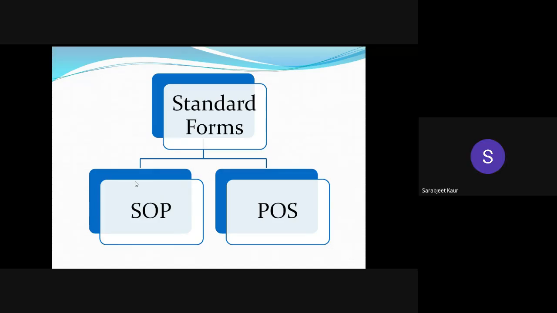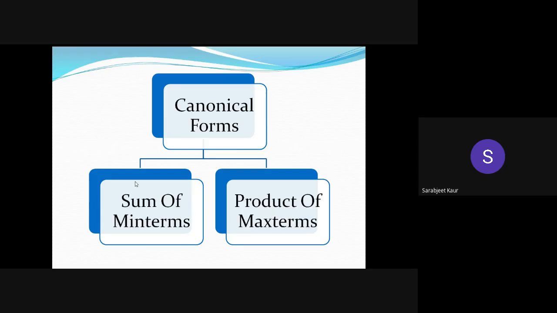Okay. So when I'm applying a Karnaugh map, what am I trying to do? What is the original expression? It is in the form of the canonical forms. So either I'll start with a sum of minterms form or a product of maxterms form.